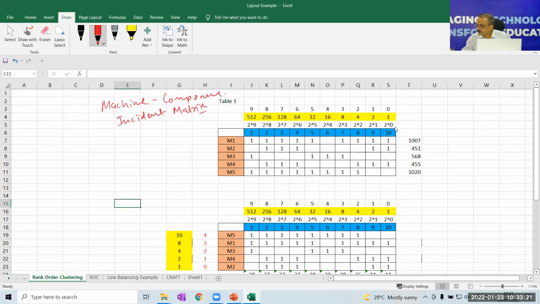These are the number of machines and these are the components. Okay, so what this algorithm says is that you have to start with the binary allocation for this particular machine. So you have to start from the right side.